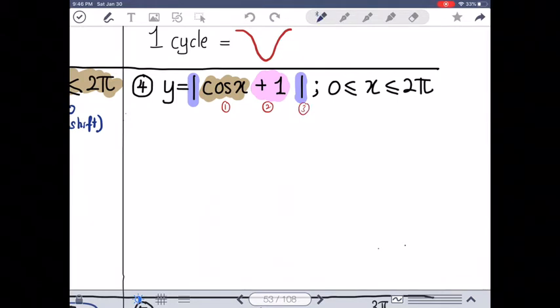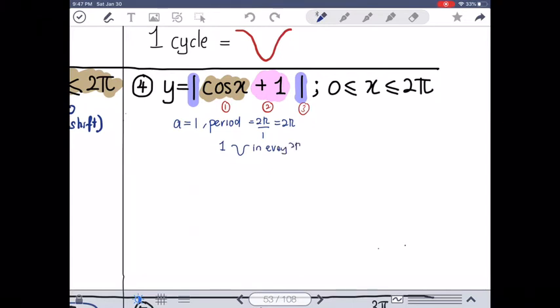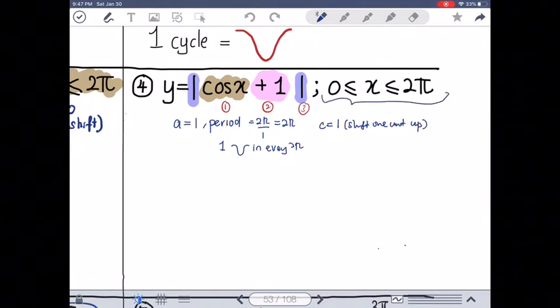Again, have a look. The amplitude is equal to 1 and the period is equal to 2 pi over n. In this case, our n is 1, equals 2 pi, means that 1 cycle in every 2 pi. Okay, and our c is equal to 1, shift 1 unit up. And we're dealing with the range of x from 0 until 2 pi.